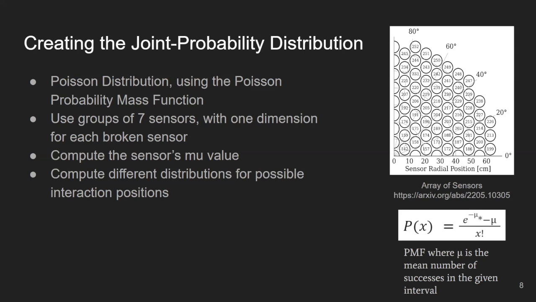To create the probability distribution, we calculate a sensor's mu value based on radial position, and we calculate a mu value for each possible interaction position that could have been predicted. So for each Birkin sensor, we'll have a number of different predictions based on different mu values, which are based on different possible interaction positions.